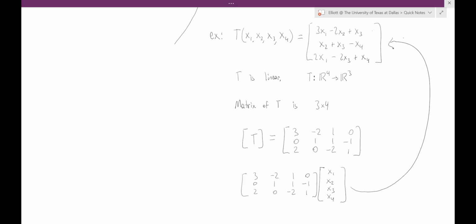Now, it's really easy to get the matrix of the transformation just by reading off the coefficients. I do want to point out another way that you can find the matrix of the transformation.